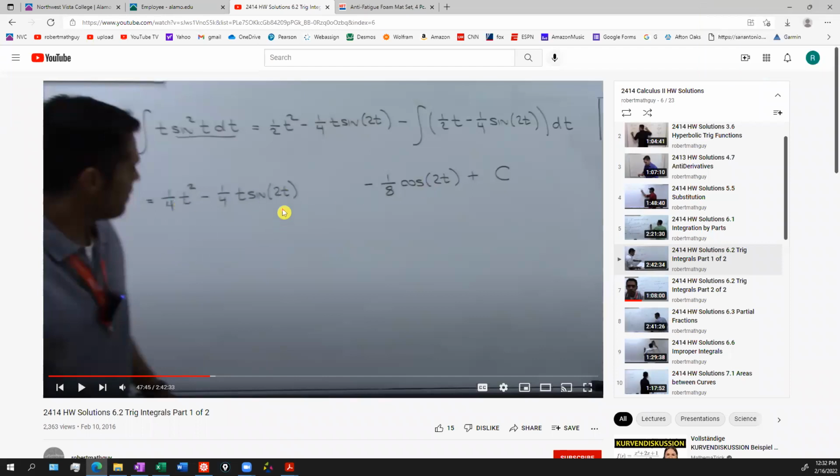That's perfectly fine, because our original variable in the integral was t. So if our answer is in terms of t, we're fine. The reason we have to go from 2 theta back to theta is because we're trying to get back to the original variable x. Don't apologize. I wasn't understanding, but now I understand your question.